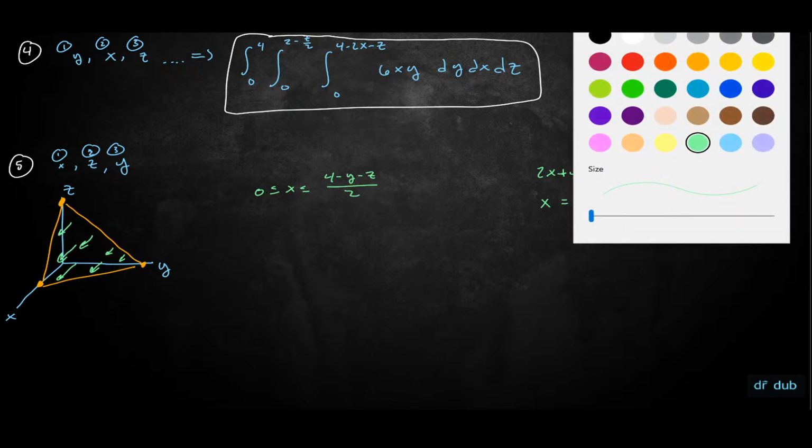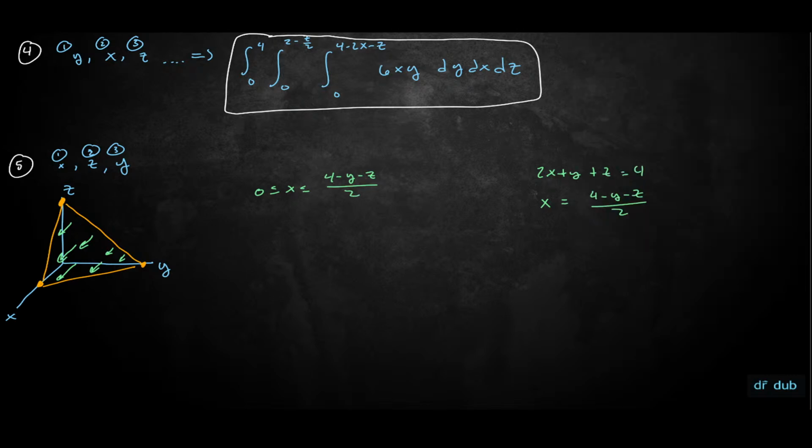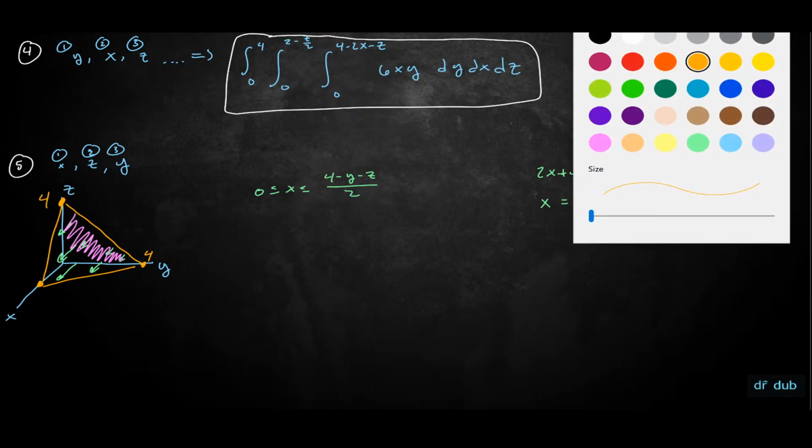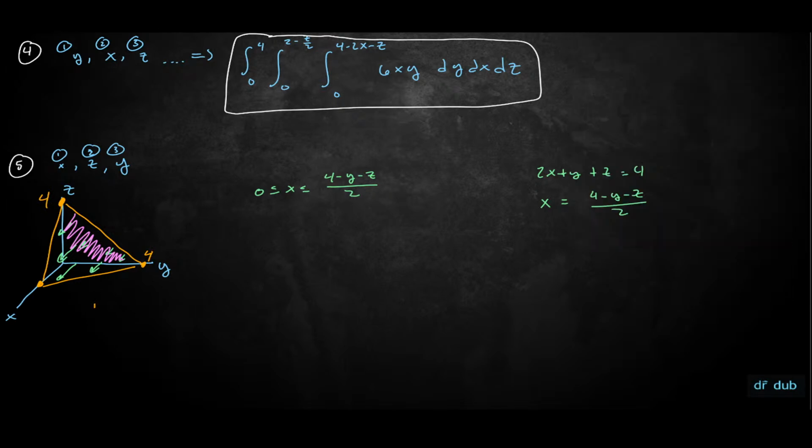And then we ask ourselves, for what y, z values is x going from 0 to the plane? Well, for every y, z value in this triangle here. Of course, we know this is y equals 4 and this is z equals 4.